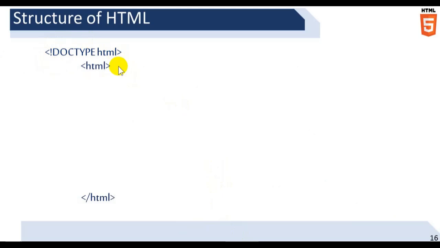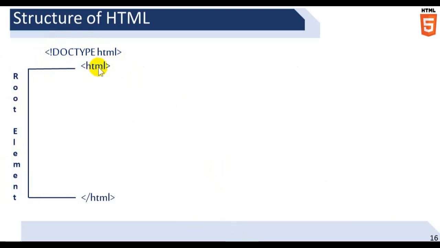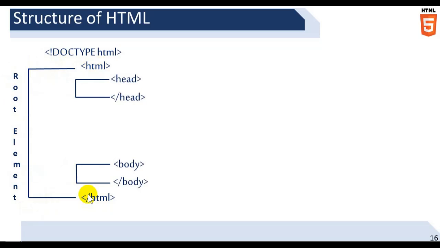Next we have something called html, which is my root element. Root means parent element. Next we have head and body. Done. So this structure is divided into three parts.